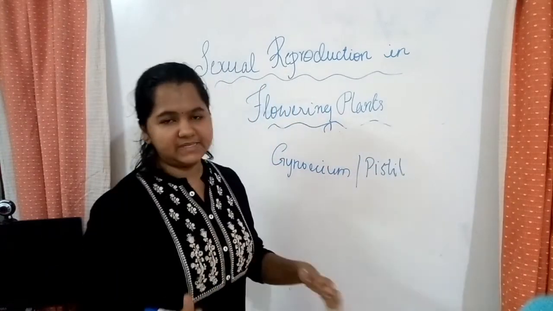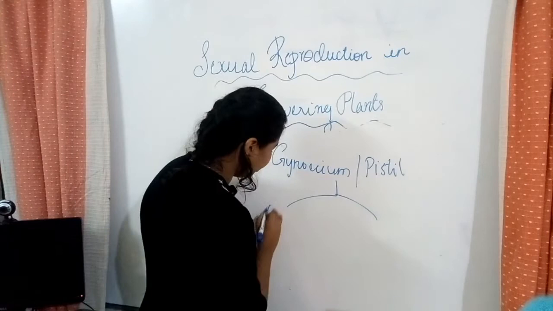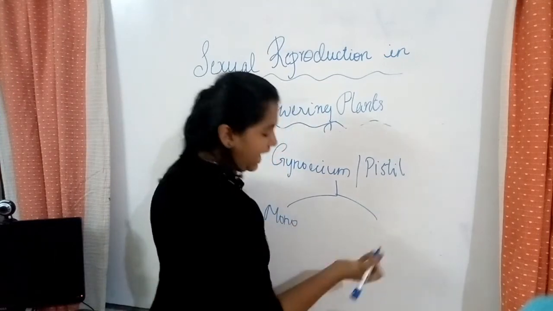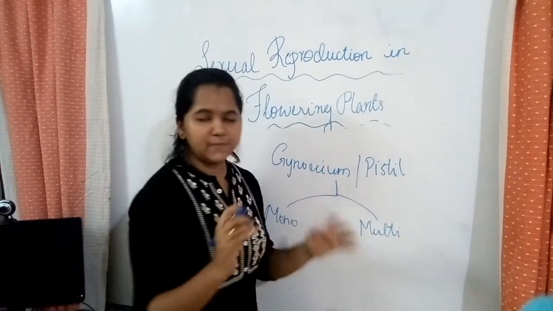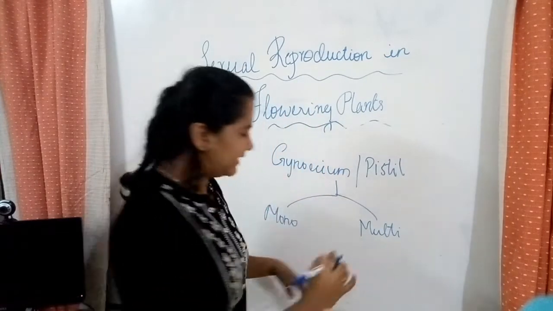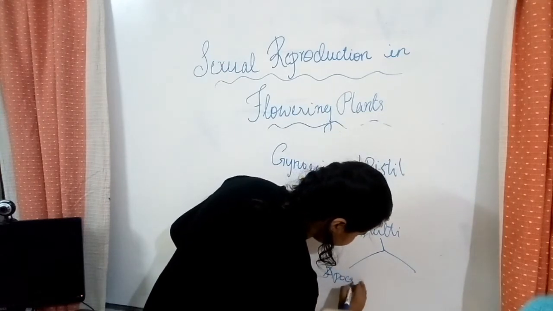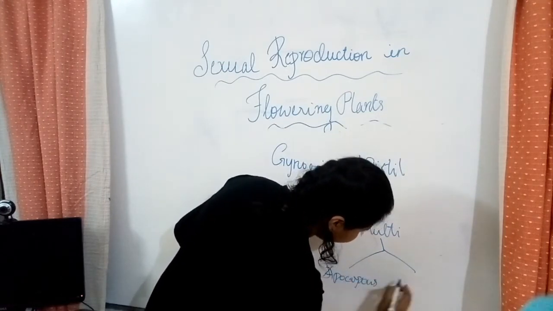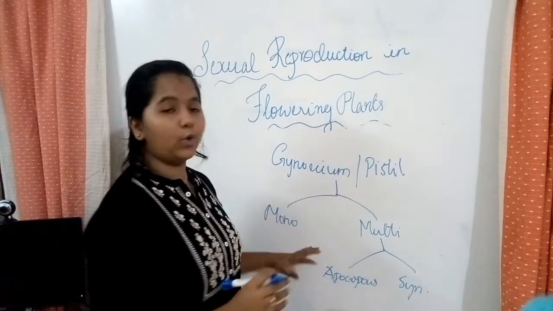According to the number of pistils, there are two types: monocarpellary and multicarpellary. This multicarpellary is again divided into two: apocarpous and syncarpous. What is monocarpellary?